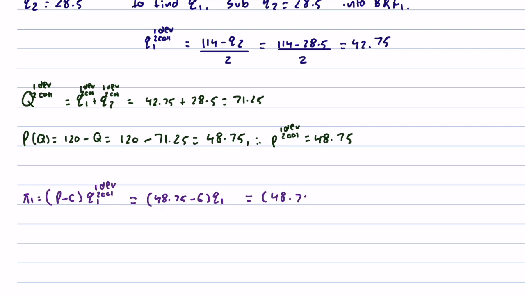So this is equal to (48.75 minus 6) times 42.75.